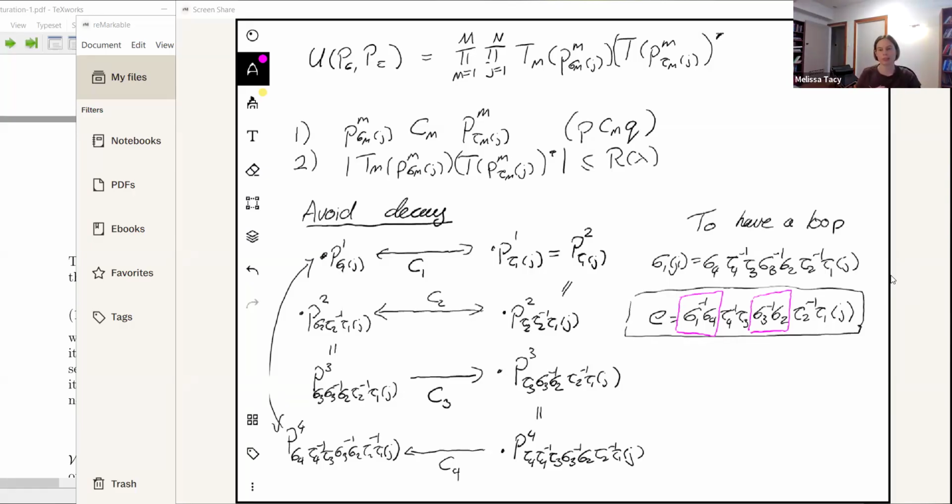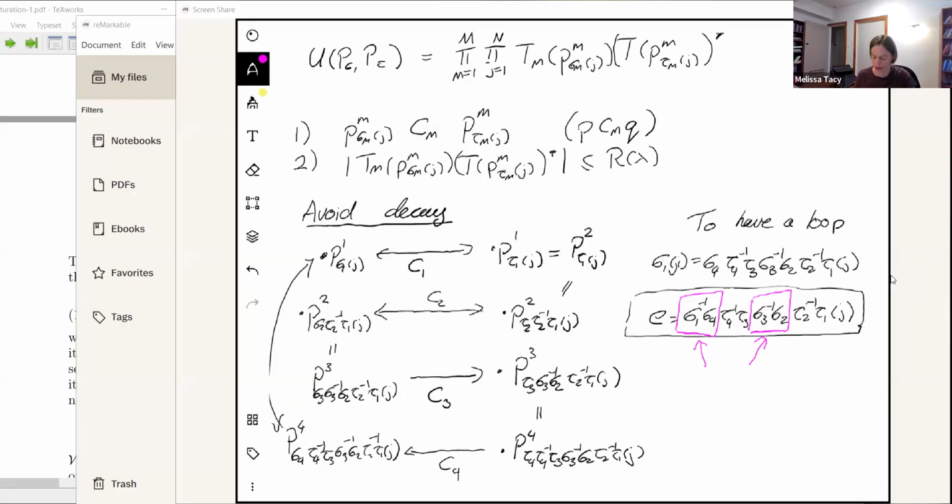If I had 2 different sigmas, but they obeyed the same transitions, then if one of them has the addressing property with respect to a particular tau, the other one has the addressing property with respect to that tau as well. And that's also true for the taus. You've got to pair tau 4 inverse with tau 3 and tau 2 inverse with tau 1. And this is why I wanted things to be even in terms of the loop condition. The odd loop condition doesn't have this nice breaking into transitions.